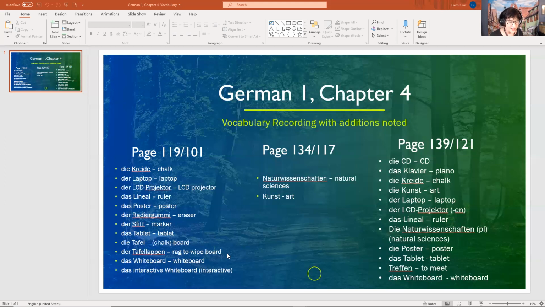We have Arbeit, auf, Bayern, bekommen, Biologie, Bleistift, brauchen, Bundesland, Bus, CD, Chemie, dunkel, Englisch, Erdkunde, erst, Fach.